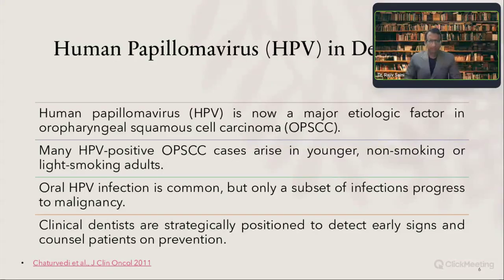Oral HPV infection is common, but only a subset of infections progresses into malignancy. Clinical dentists are strategically positioned to detect early signs and can counsel patients on prevention. To understand why this topic deserves dental professionals' attention, let's first look at why oral HPV has become such an important issue today.